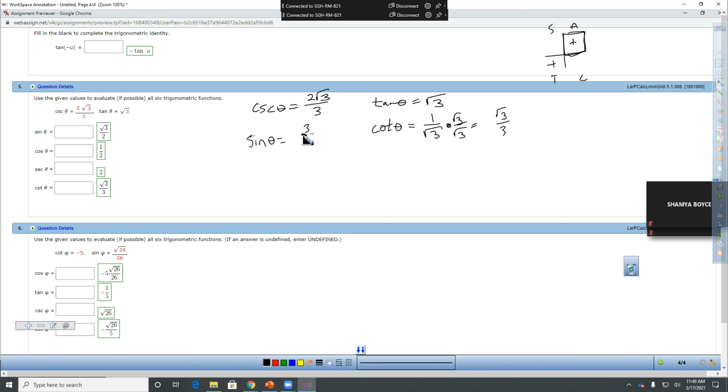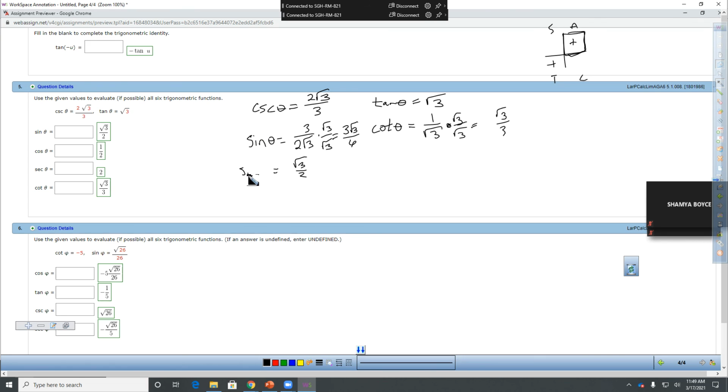So what I know is sine of theta is going to be 3 over 2 square root of 3. Then I would need to multiply the top and the bottom by the square root of 3. That would be 3 square root of 3 on top, and on the bottom, square root of 3 times square root of 3 is 3, times that 2 is already there, which is 6. Then 3 over 6 simplifies. This is going to be the square root of 3 over 2.